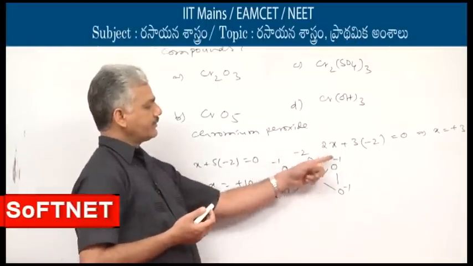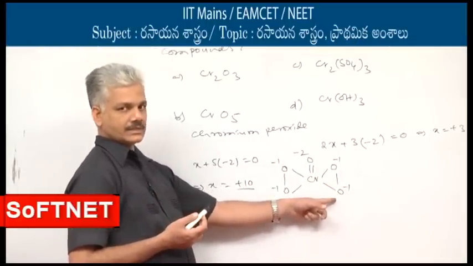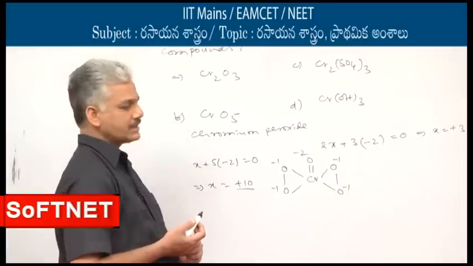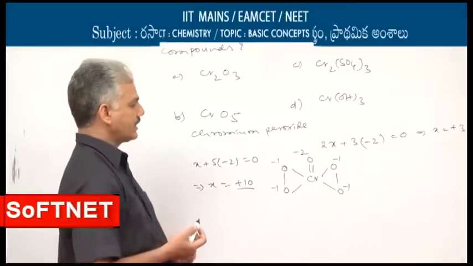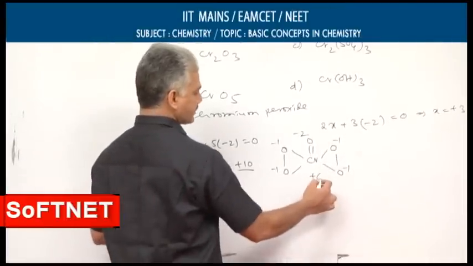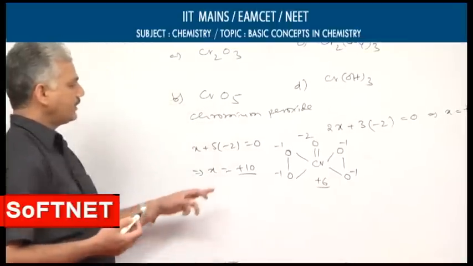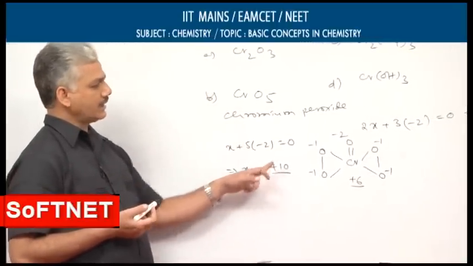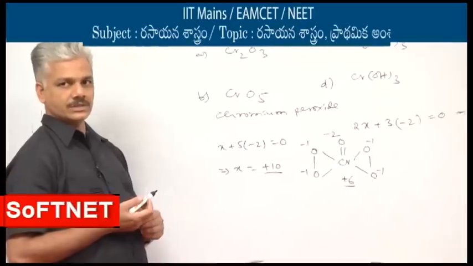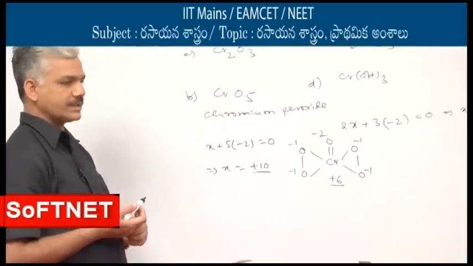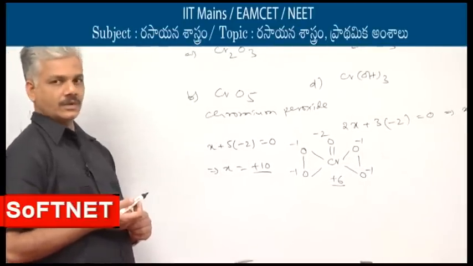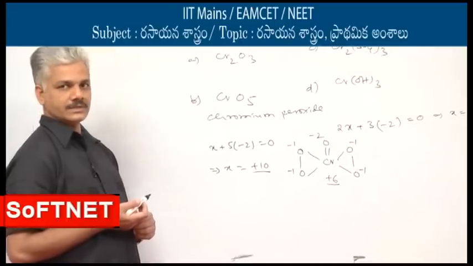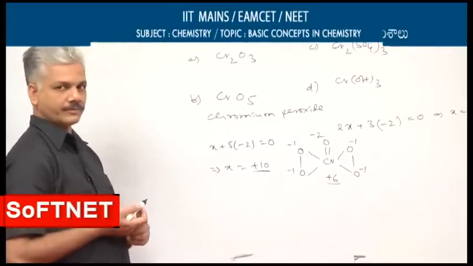So, the sum of negative charges is minus 6, and chromium will carry the equivalent but opposite charge, that is plus 6. So, whenever you get abnormal oxidation state values during the calculation, we have to check the structure. When you are not sure of the structure, you can apply the rule that the maximum oxidation state possible for an element is always equal to its group number.